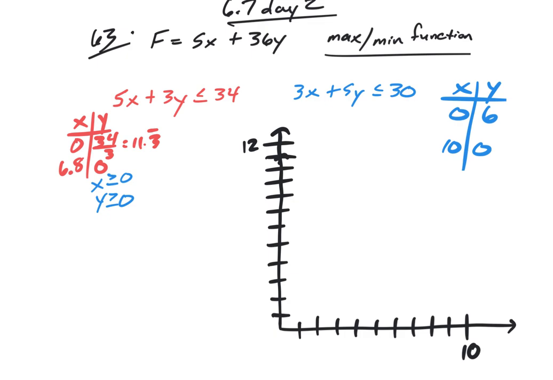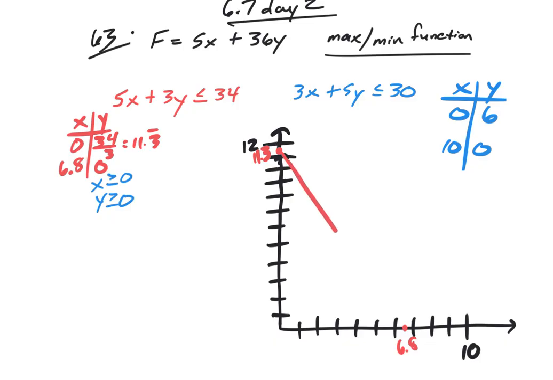Okay, and we're just going to eyeball about where our points would be here. 6.8 would be about right here. And I'm going to go ahead and label that as 6.8 right there. 11.3 would be right there.